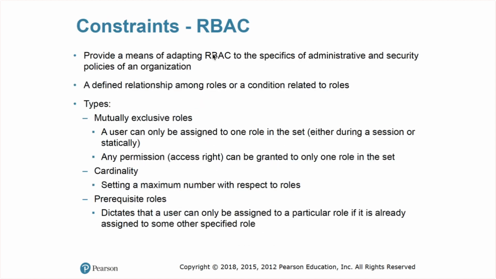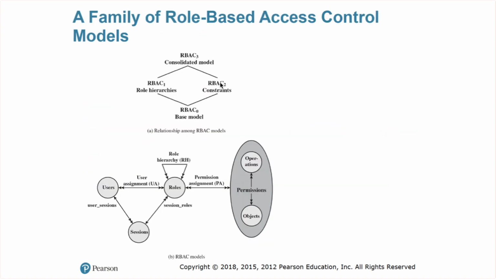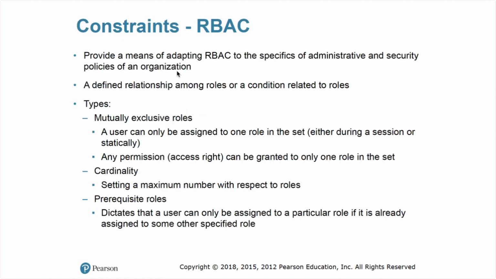Next, the constraints, RBAC 2. RBAC 2 provides a means of adapting RBAC to specific administrative and security policies. So there could be mutually exclusive roles. A user could only be assigned to one role in the set, either during a session or statically.